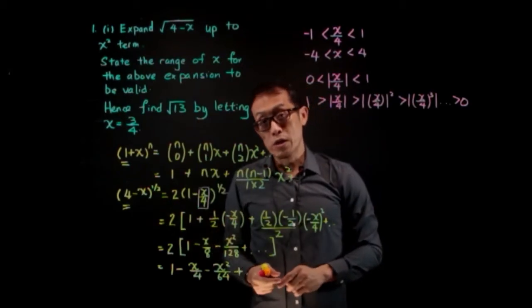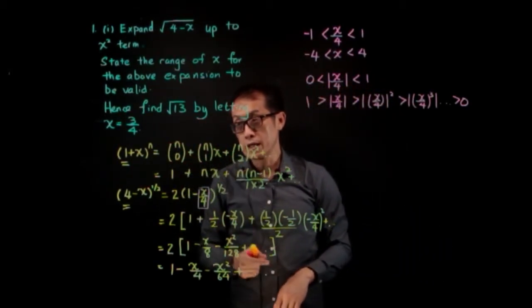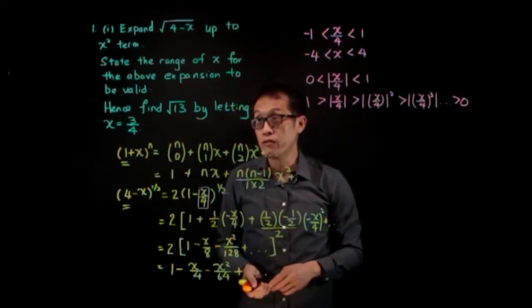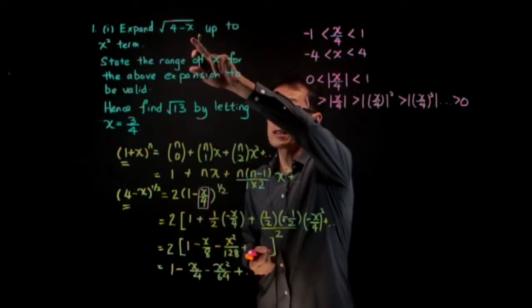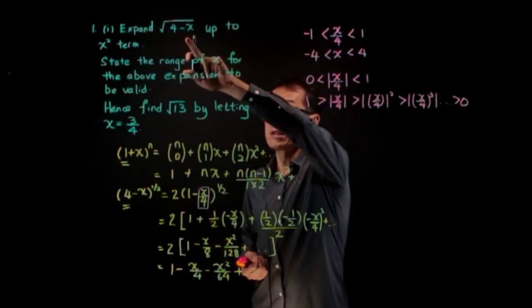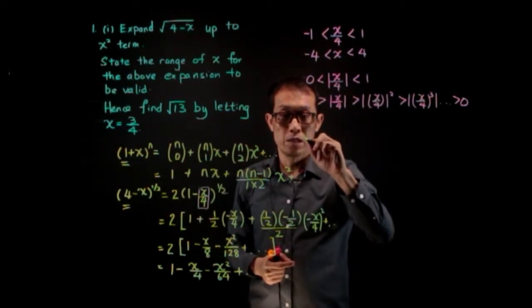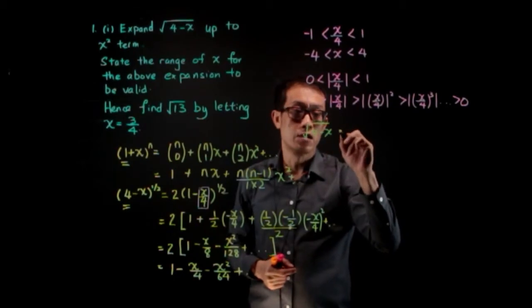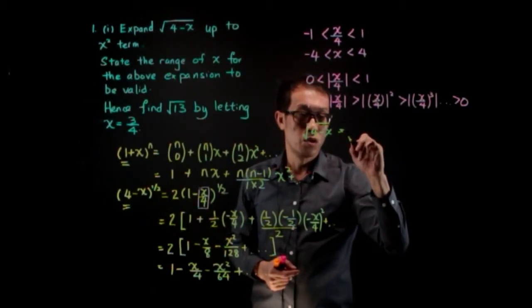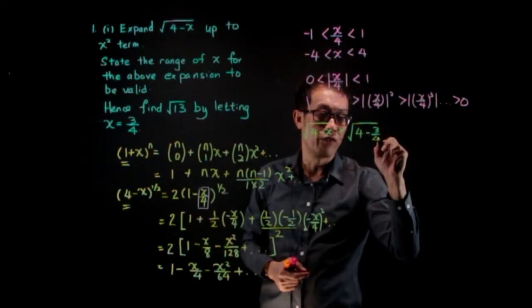Now let's go on to the last part of the question. You are asked to find root 13 by letting x be 3 over 4. Now let's let x be 3 over 4 and substitute it into this expression. So root of 4 minus x will be equal to root of 4 minus 3 over 4.